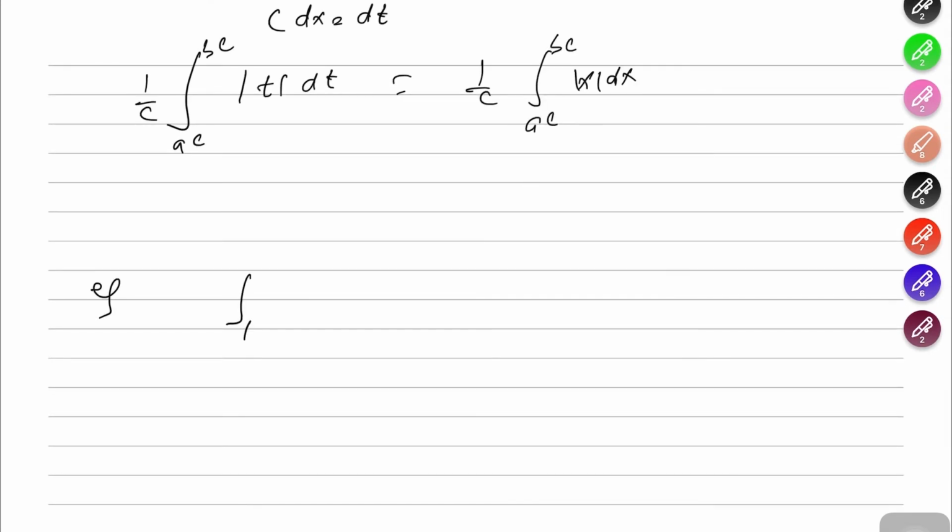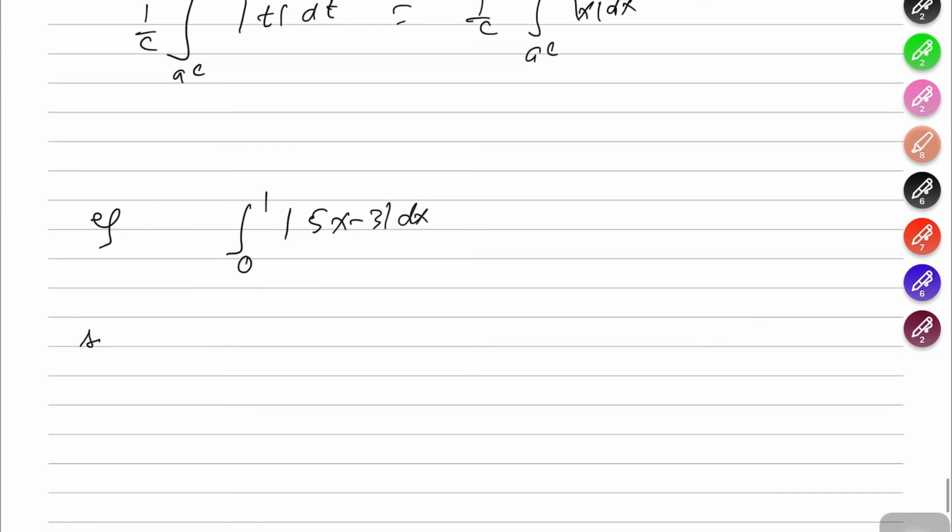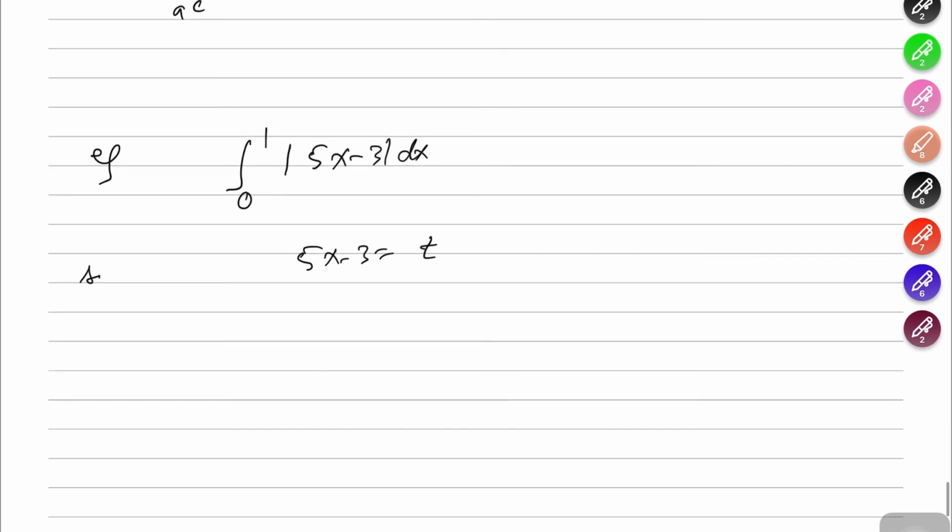Let's say 0 to 1, mod of 5x minus 3 dx. How to solve? Just assume 5x minus 3 is equal to t, then 5 dx is equal to dt. If we put x equal to 0, t will be minus 3.